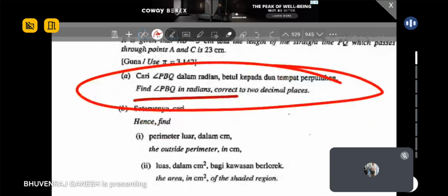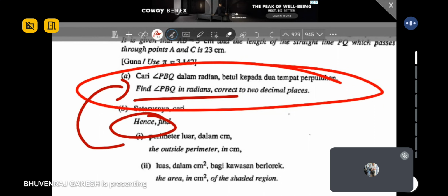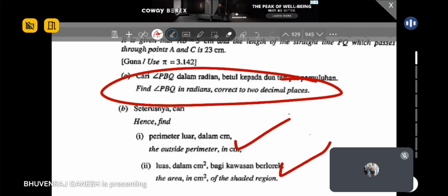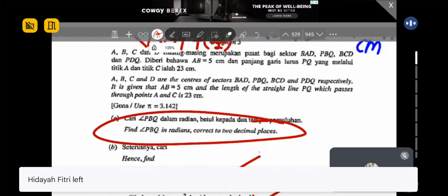So why do we use 2.55? Do you see the word hence, guys? Hence means you use back the part A answer. So you must use your part A answer for B1 and B2, both.